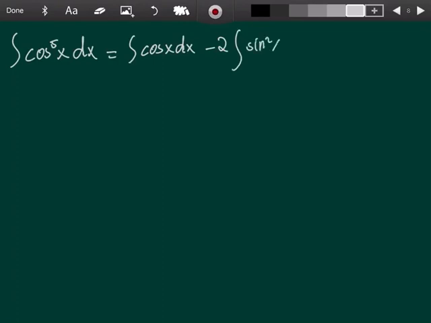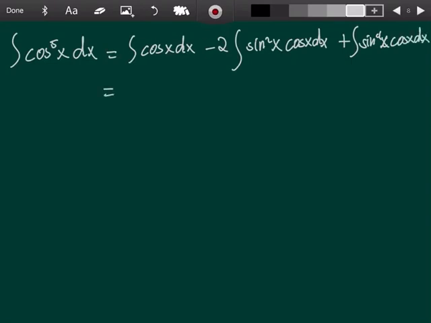Okay, so we are going to substitute now. What is our main formula from earlier? The integral of cosine x raised to 5 dx is equal to the integral of cosine x dx minus 2 times the integral of sine squared x cosine x dx plus the integral of sine raised to 4 x cosine x dx.